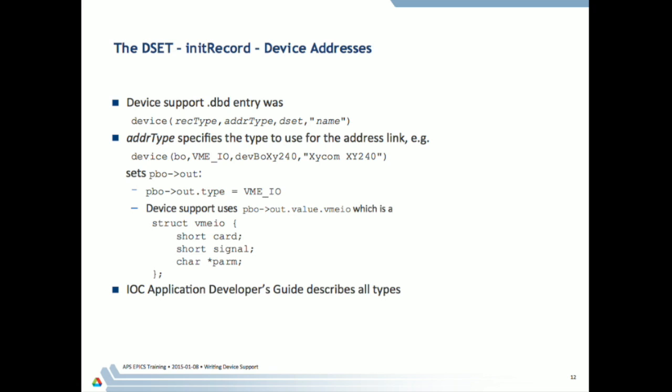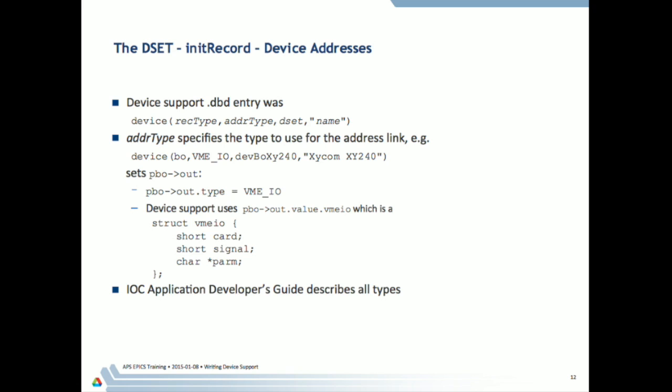VME_IO is probably one of the main address types that we use. Instrument I/O is the other one. The instrument I/O is basically almost the same as that, but there's no card and signal number. We have talked about these in the past. The Application Developer's Guide describes all the I/O types and what all the different fields are that are available.